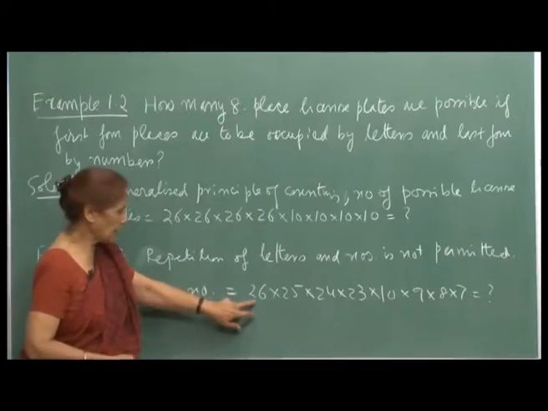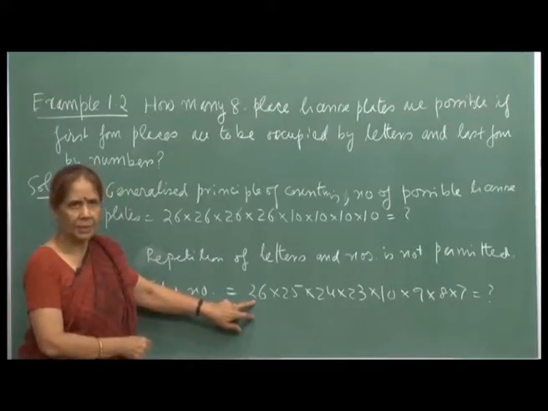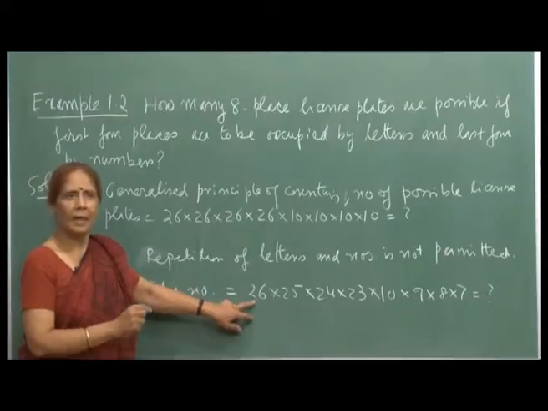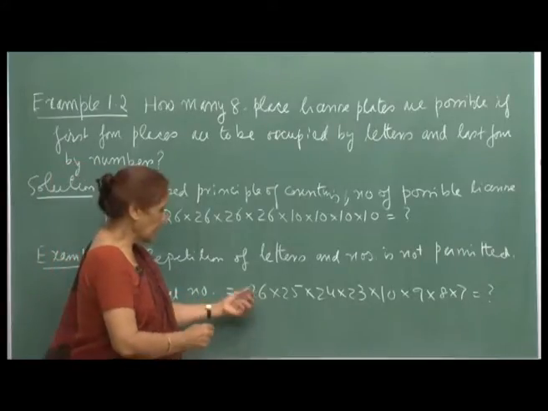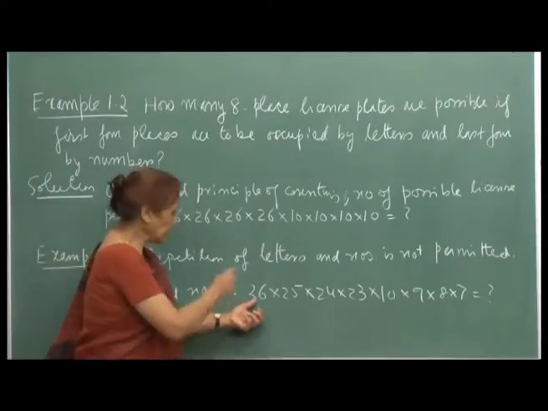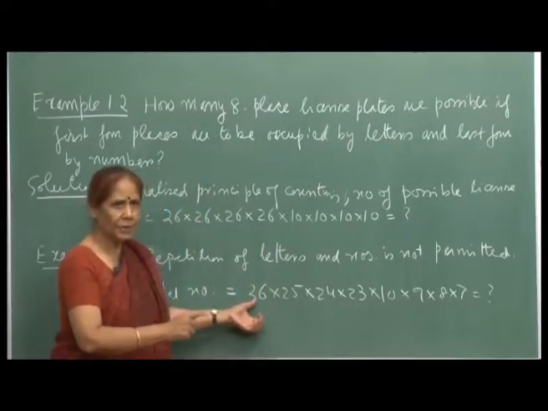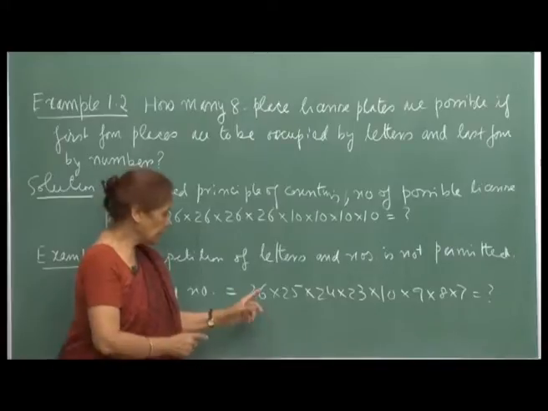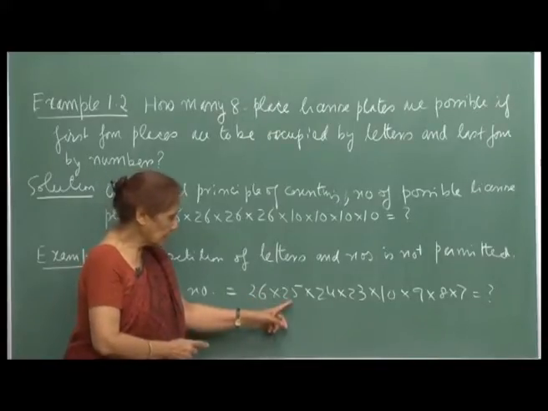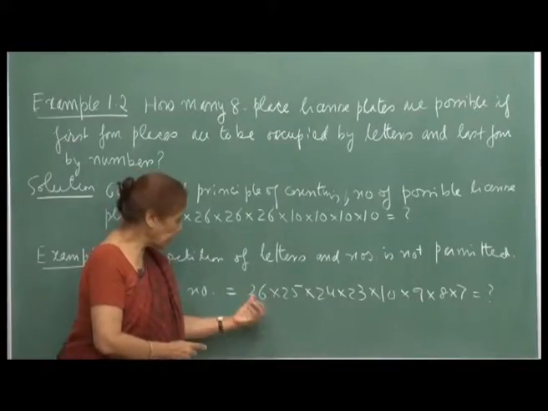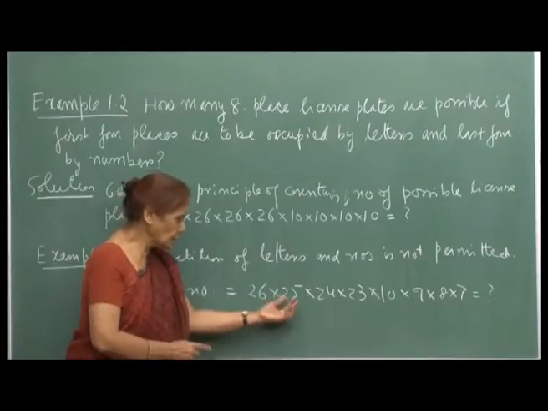Now, for the first place I have any of the 26 choices, any of the 26 letters can be chosen here, but once I have chosen a letter here, then that same letter is not permitted to be chosen here. So, now my choice for the second experiment for every possible outcome here goes down to 25, because whatever alphabet I have chosen here, I cannot choose it again.